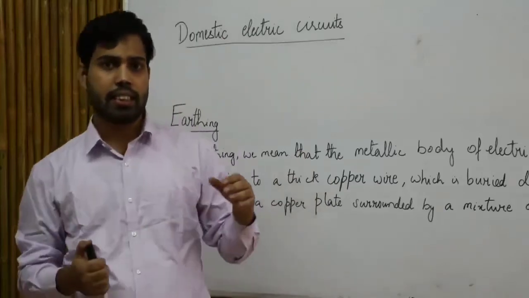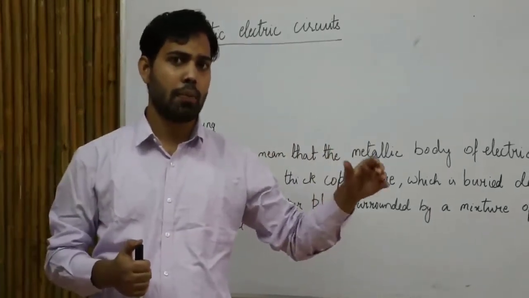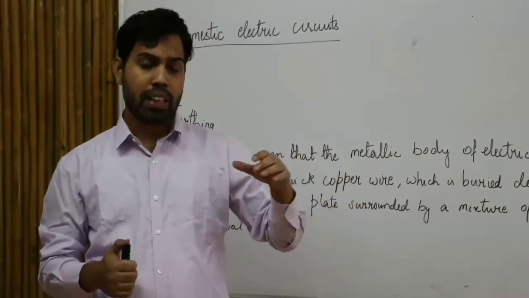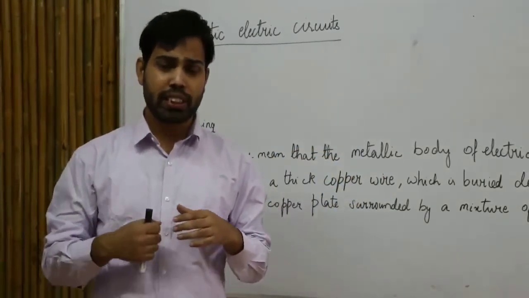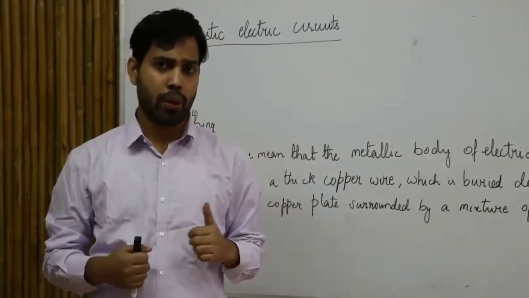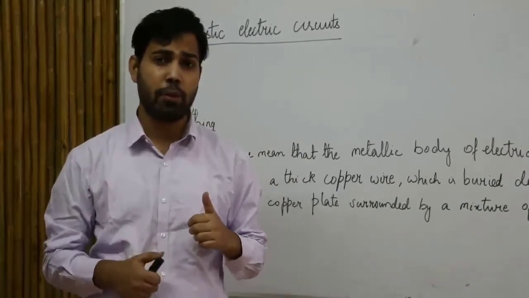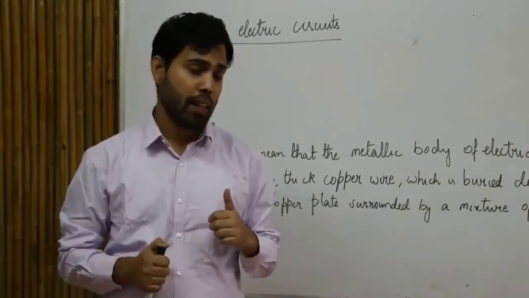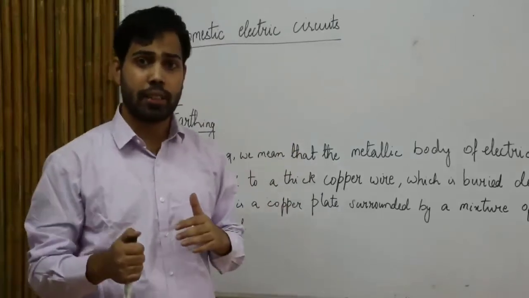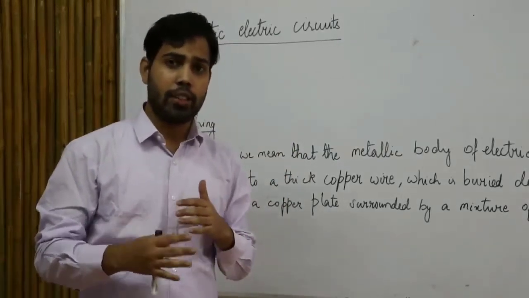When we touch such a device, we may get an electric shock, due to which electric current will flow through our body and may affect the nervous system, which may even lead to our death. To avoid such a situation, these devices are usually earthed.